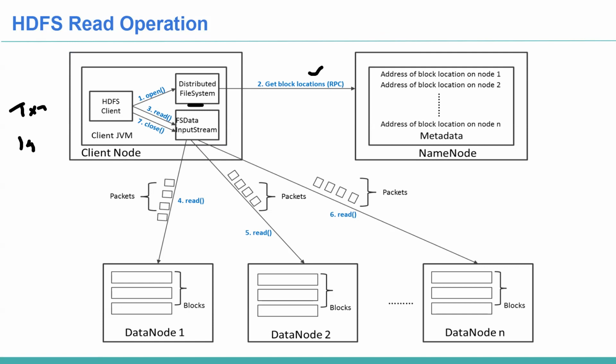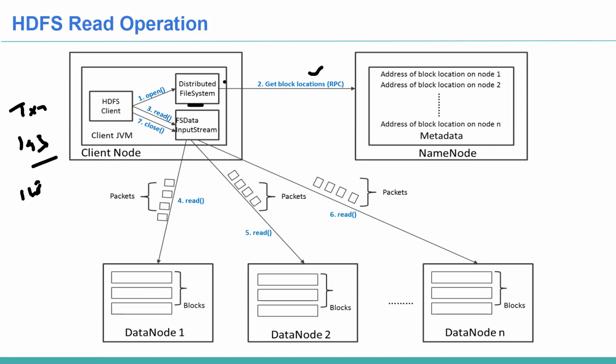There is a 1 GB file, and this 1 GB file is stored in a block size of 128 MB each. So name node will give me the address of the blocks where these blocks are present. And once I have that information, this HDFS client will create an input stream, and it will go and read the data from different data nodes. This is how HDFS reads the data from different data nodes.